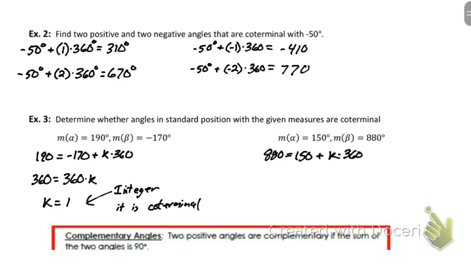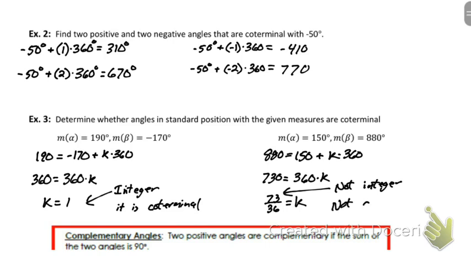Doing some work, I would subtract 150 from both sides. That would be 730 equals 360 times K. You divide those out and you come up with 73 over 36 equals K. That is not an integer, which means it's not coterminal.